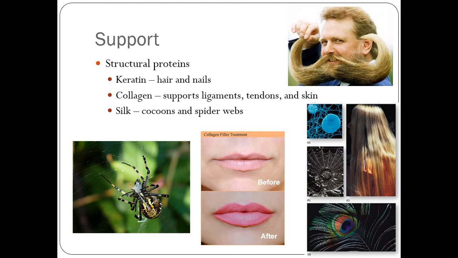If you read advertisements or labels on lotions, a lot of lotion says that it has collagen. It's actually a protein that acts as support for the skin. And then we have silk. It's still a protein present in cocoons and spider webs.